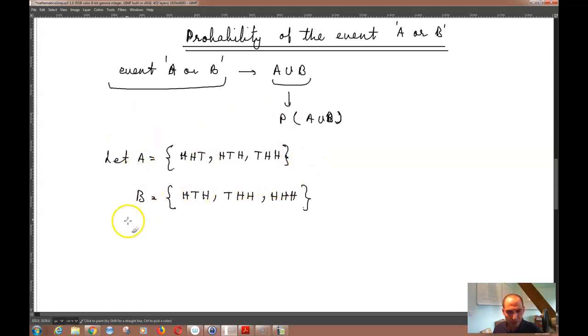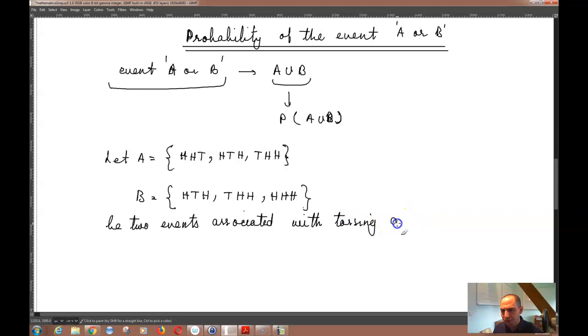Let A and B be two events associated with tossing a coin thrice.